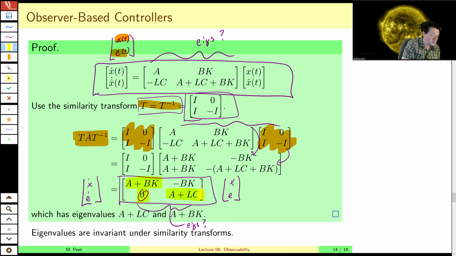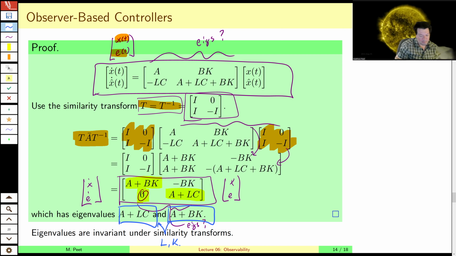So we've established that if we control the eigenvalues of A plus LC and we control the eigenvalues of A plus BK, our closed loop system, our observer-based controller, will have the eigenvalues that we dictated through the choice of L and K.